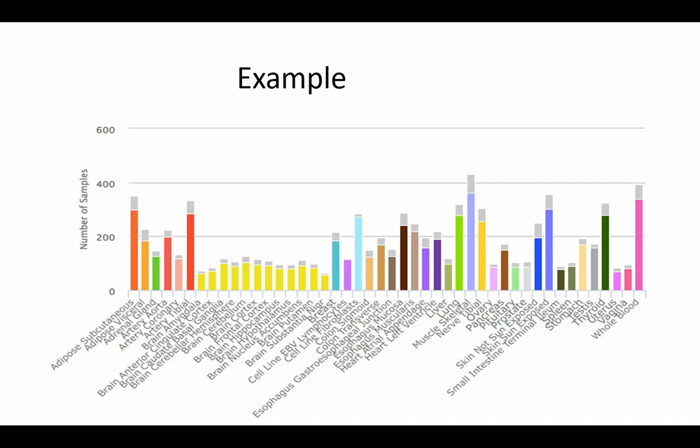And in order to show it in a different visualization, I just show you these 44 types of tissues. And here you see how many donors contributed to each tissue. So for example, adipose, 300 contributed to the tissue. This is some quality control, so forget about it.